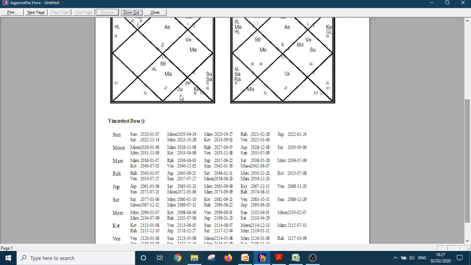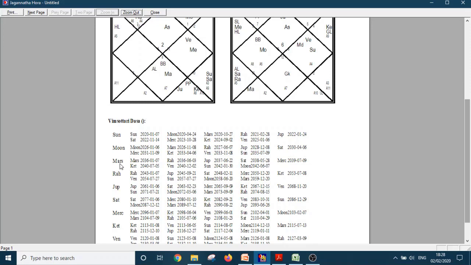So for this particular native or chart, the dasa started in sun, and it's a time period. You can see sun dasa, moon dasa, Mars. It's a sequence. This is always the sequence. But somebody can start a sun dasa based on the nakshatra they are born, the moon nakshatra, and somebody might start his life with Mars dasa.